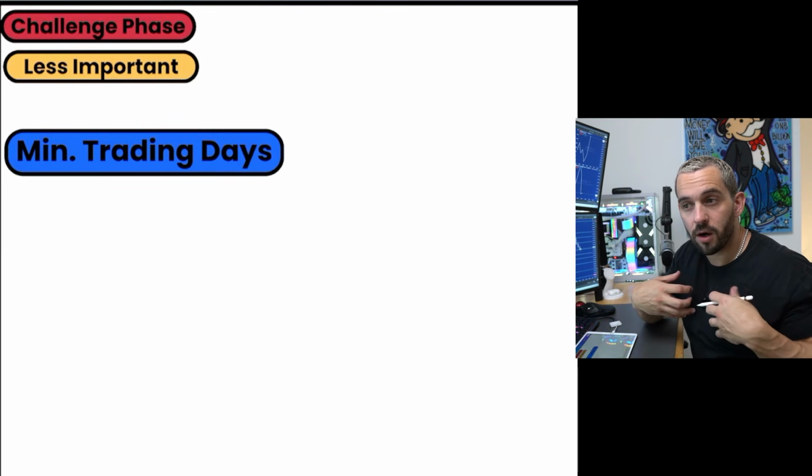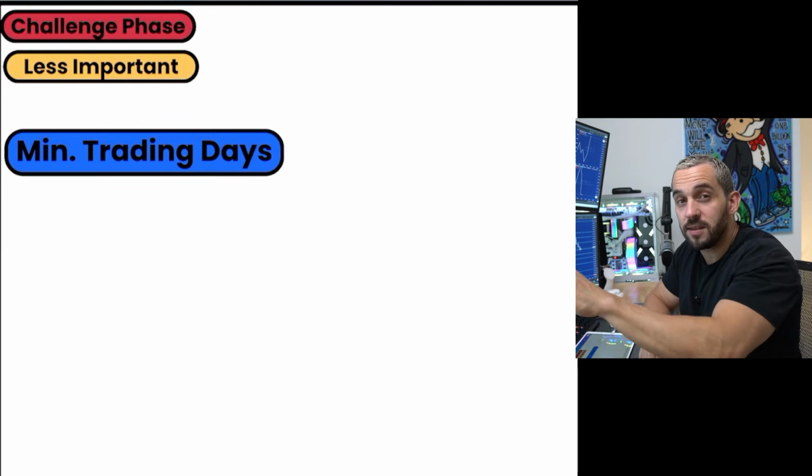All of this shit gets fixed, all because you stop focusing on trying to pass within the minimum trading days or trying to force and rush the process. Just take good trades, use good risk management, and you'll be fine. So minimum trading days for me are a nice to know, not really a need to know.